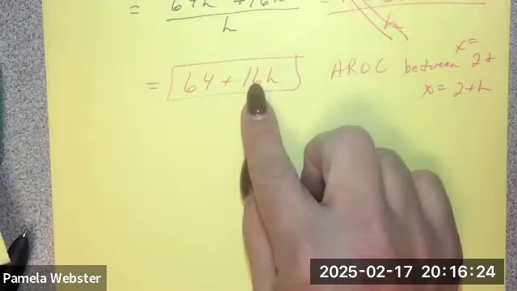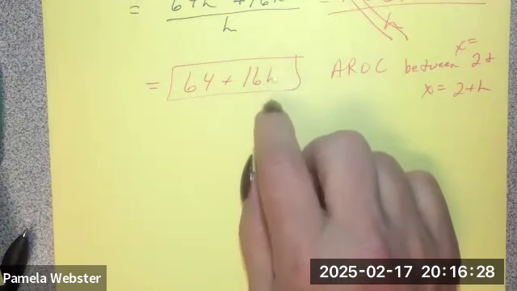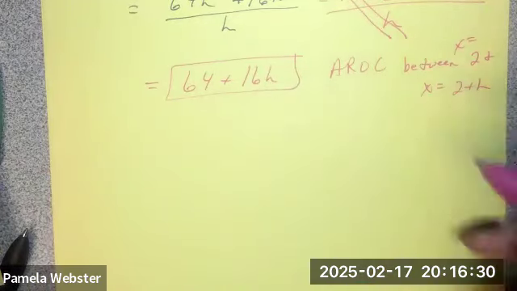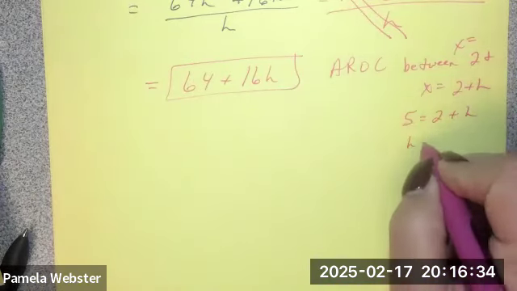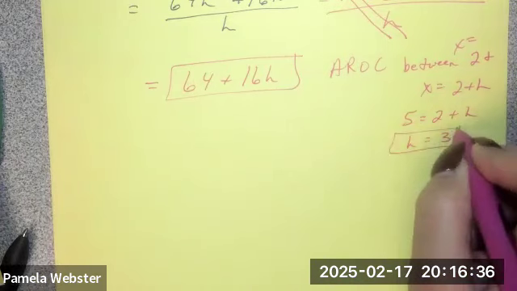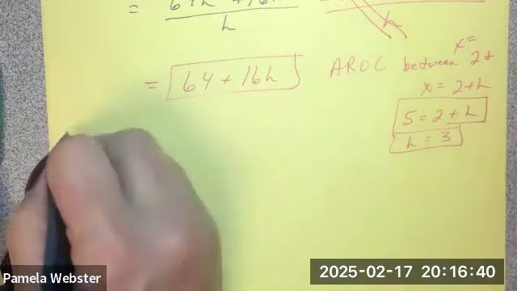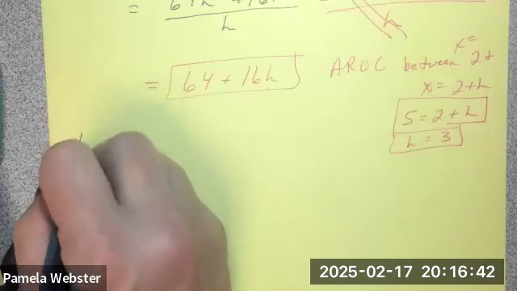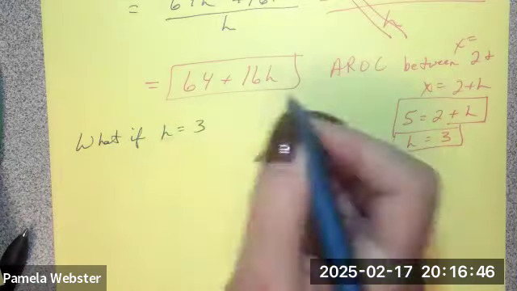But what if I wanted to know between 2 and 5 seconds? What gap, what's my h? If I wanted 5, it would be 2 plus h. My h would be a 3, right? So if it asks me, and it didn't, but what if h equals 3?